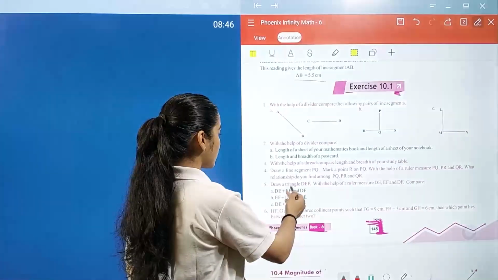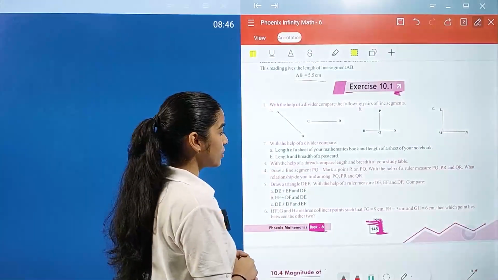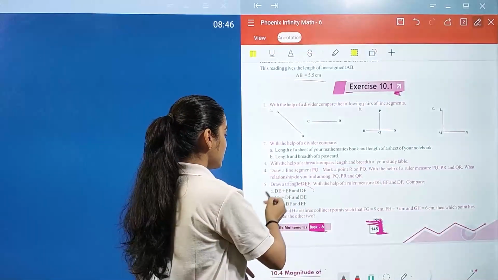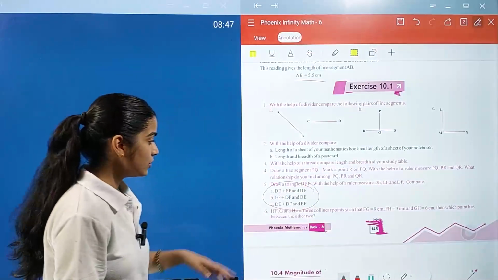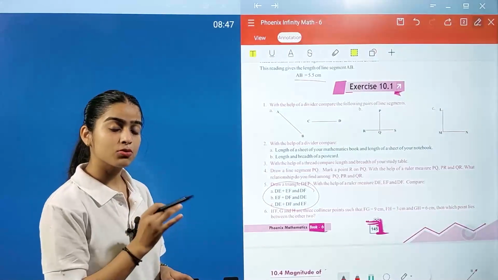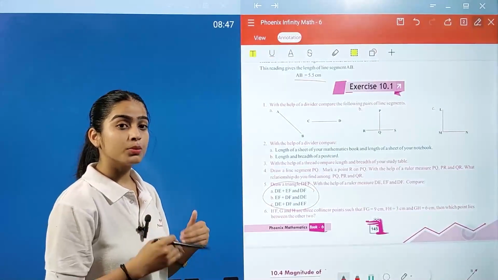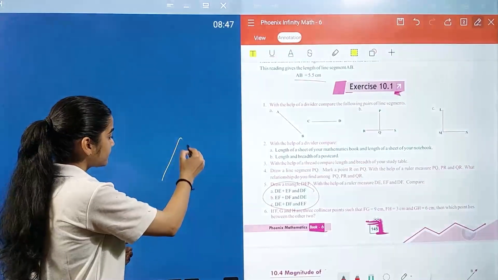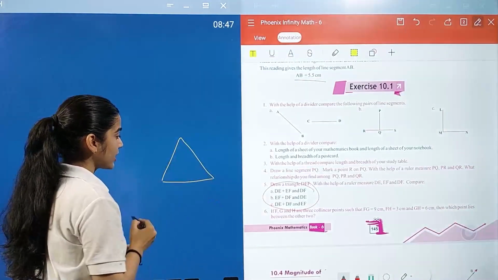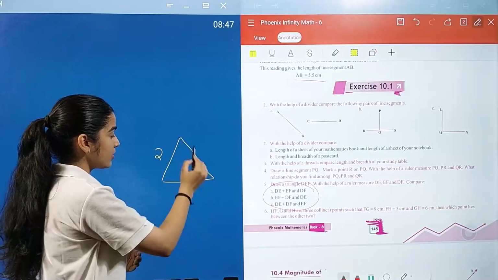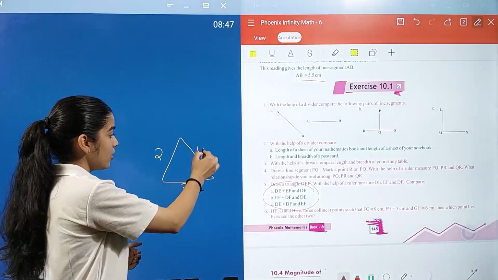Now we move forward. Draw a triangle DEF. With the help of a ruler, measure DE, EF and DF, and compare. So you can do this also. What you have to do is DE plus EF. You have to consider that the sum of the measurements of two sides should be greater than the third side of the triangle. For example, if you make a triangle where one side is 2 centimeter and another is 3 centimeter, then you have to make sure the third is less than 5, say 4 centimeter.